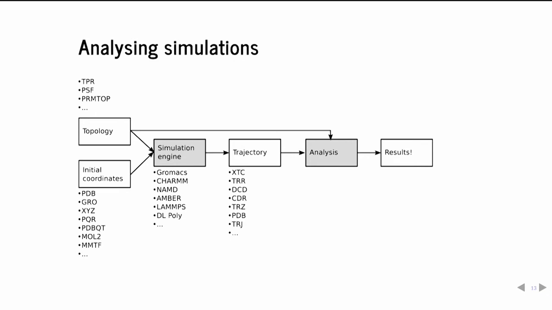So I'm using one simulation engine, but there are plenty of them. Each of them is specialized in something, or is there for historical reasons, or personal preferences. And obviously, each of these simulation engines uses different formats for the initial coordinates.